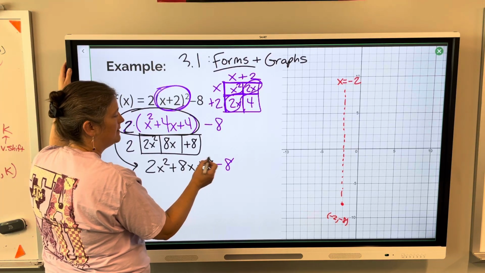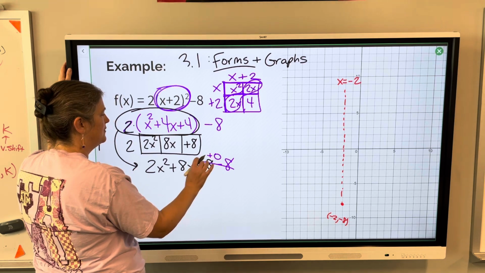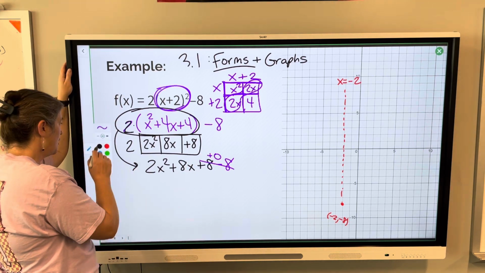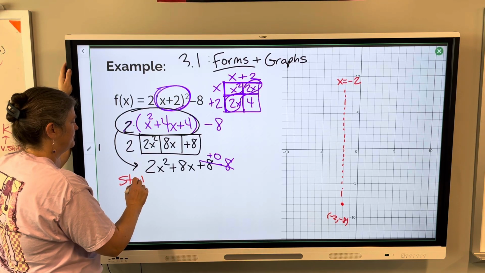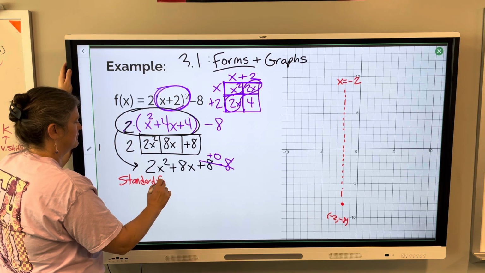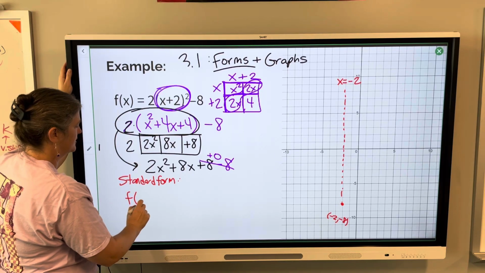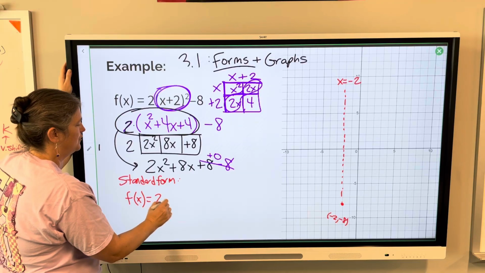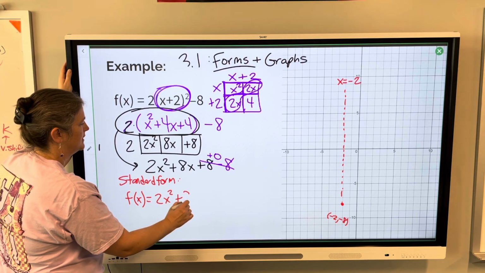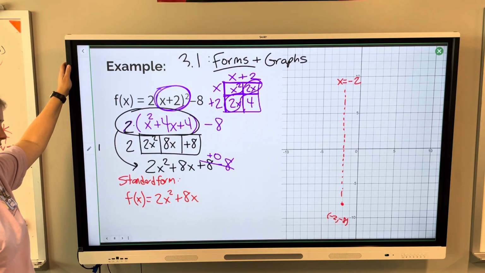So plus 8 minus 8 makes 0. And plus 0 gets to go invisible. So my standard form of the same function, f of x, it's the same function, will be 2x squared plus 8x plus 0, right?